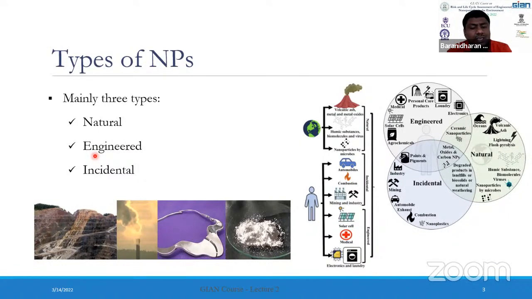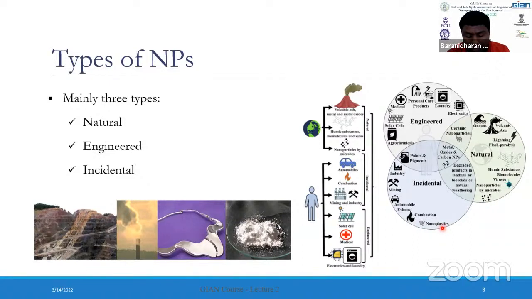And then moving on, incidental nanoparticles are not made deliberately, but still, incidentally, they are available in the environment. So it can be from mining activity. It can be from the automobile exhaust, which I've already given as an example. Combustion, again the burning of materials such as organic material.